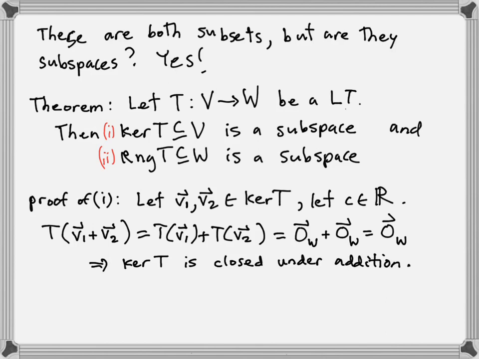Let's now show that it's closed under scalar multiplication. So what is T of c times v1? We're allowed to pull c out because of the linearity of a linear transformation. But this is just c times the 0 vector, which is equal to the 0 vector.